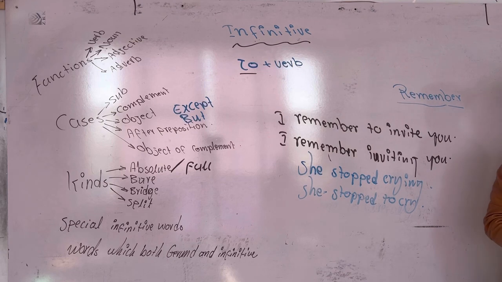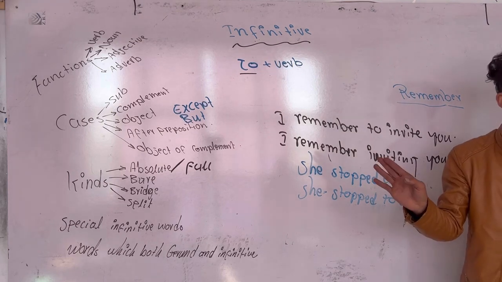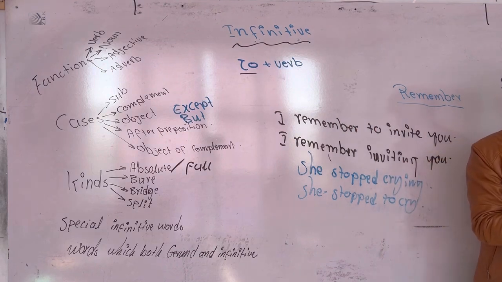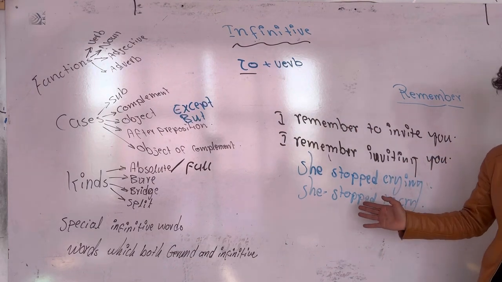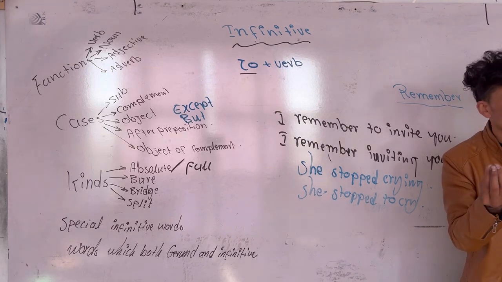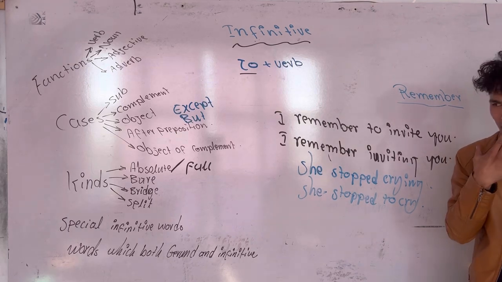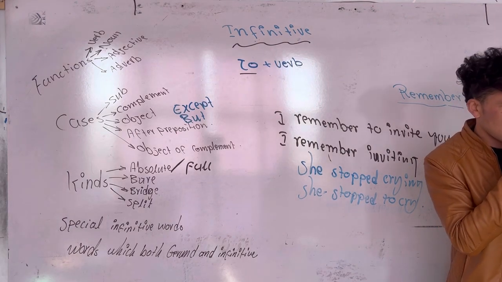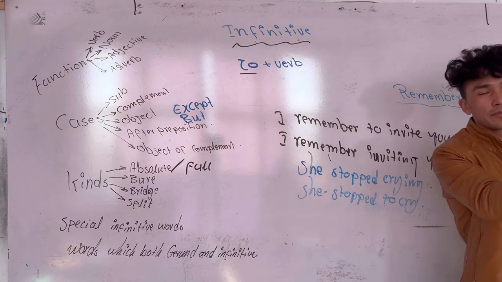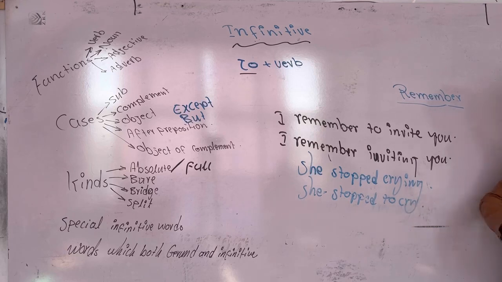It means she does not cry anymore. In the past she used to cry. Now she does not cry anymore. Instead of crying, she chose something else to do, maybe eating instead of crying, for example. When she wants to cry, she goes to bed and eats. Something like that. Understood?